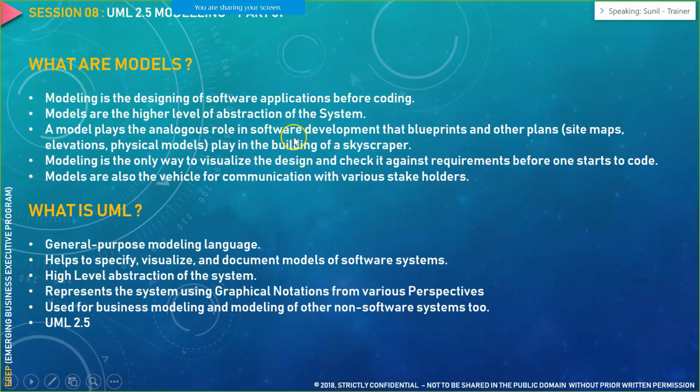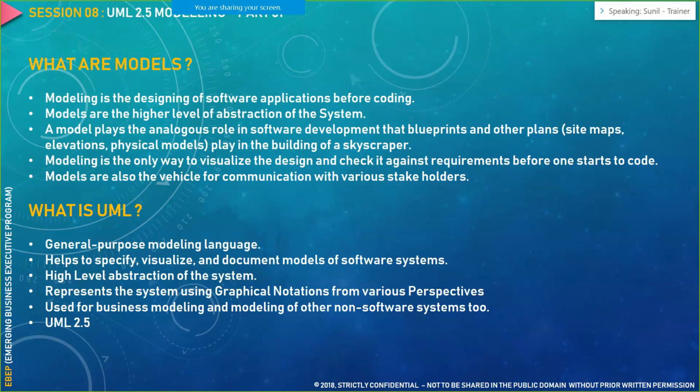So the development team would essentially be using these UML diagrams, these blueprints, and they would be coding the system based on this blueprint. For example, if you are planning to construct a particular building, you would always need a blueprint in place before building that particular tower or skyscraper, whatever it is.